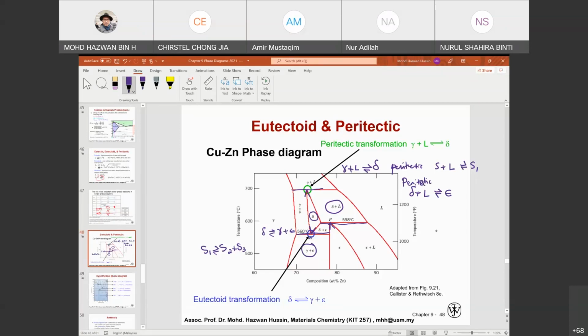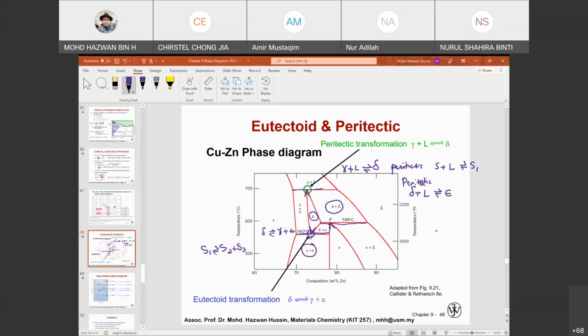So why do you think that it will be peritectic? Because the reactant is solid plus liquid and forms a solid. Okay, yes, that is actually good. As similar as what we have explained earlier, you have a mixture of solid plus liquid that, when it solidifies, forms another solid.